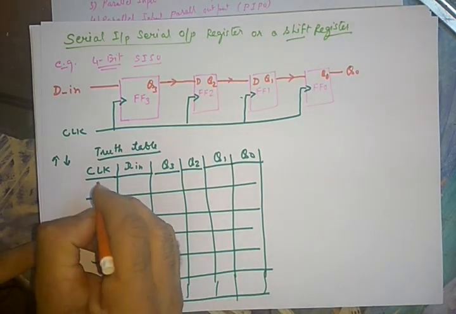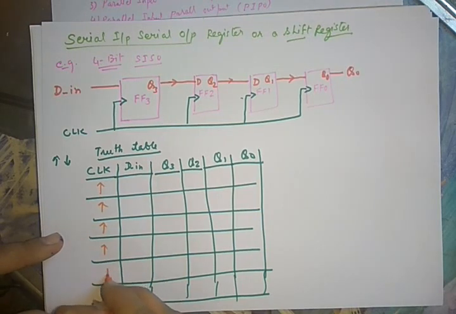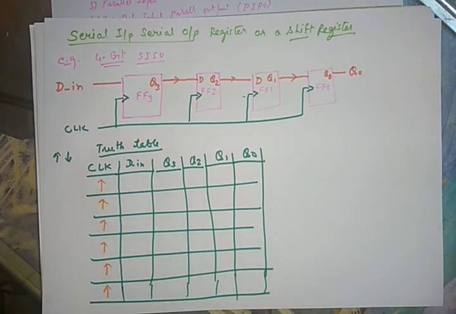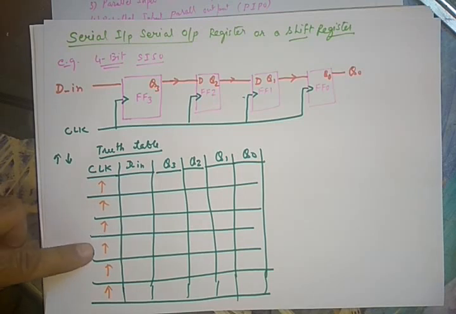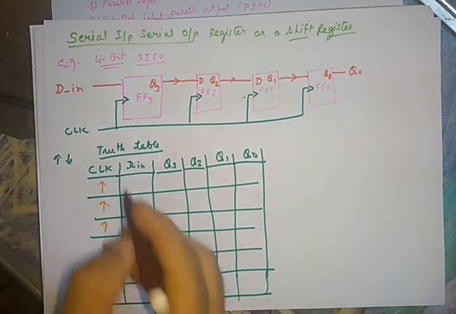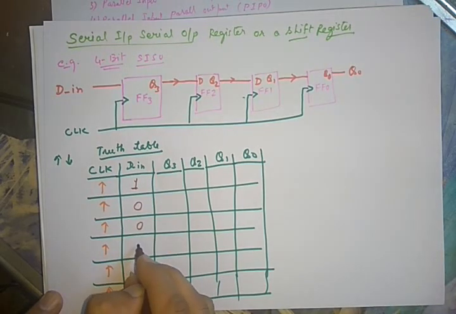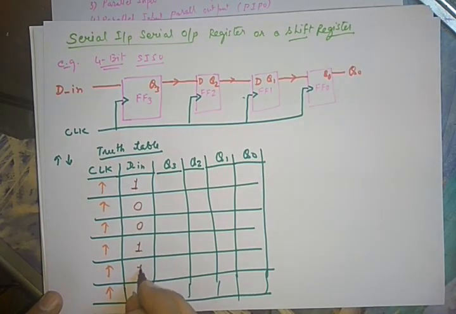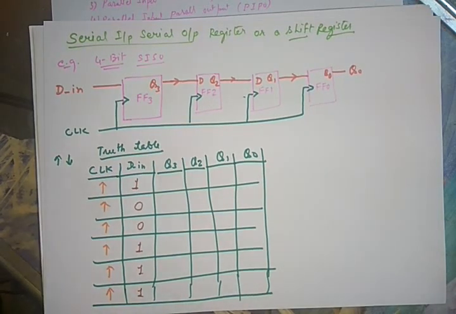Suppose we are given positive edge triggered clock, now this is first clock edge, this is second clock edge, third clock edge, fourth clock edge, fifth, sixth, and so on like this. And if we are given 1 0 0 1 1 1 data in flip-flop, then how this will flow?